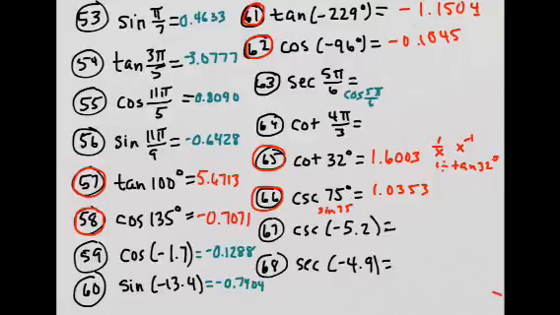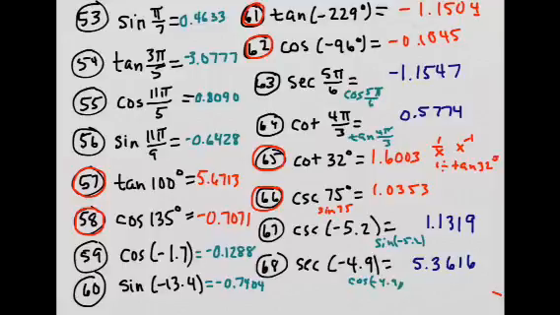This one, tangent of 4 pi over 3 and then take its reciprocal. This one, sine of negative 5.2 and then take its reciprocal. And this one, cosine of negative 4.9 and then take its reciprocal. Okay? Alright, so here are the other four answers right here.